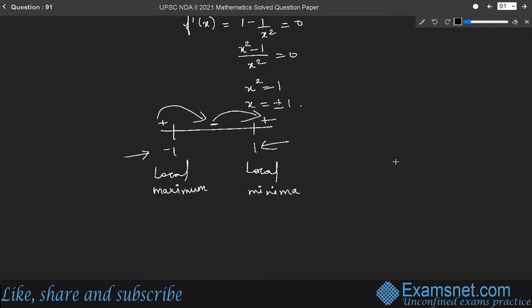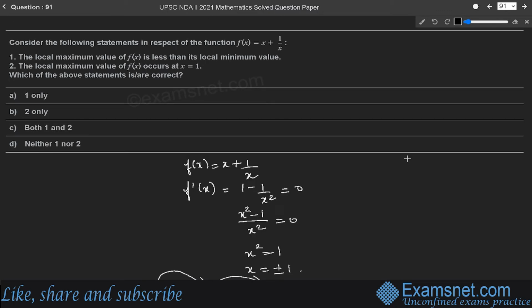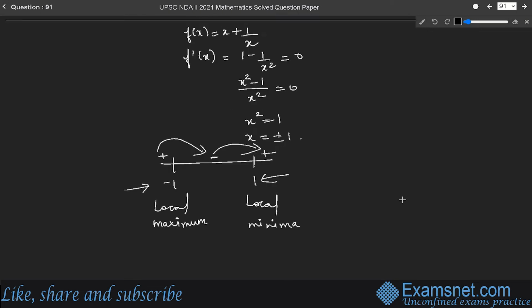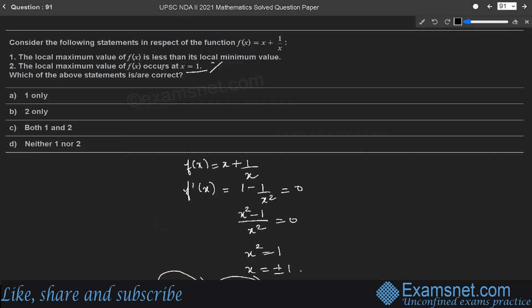Now let us look at the statements. Statement 2 says that the local maximum value of f of x occurs at x is equal to 1. But we know that at x is equal to 1, the value is for local minima or the minimum value. Therefore, we can say that statement 2 is not correct. Now, statement 1 is the local maximum value of f of x is less than its local minimum value.